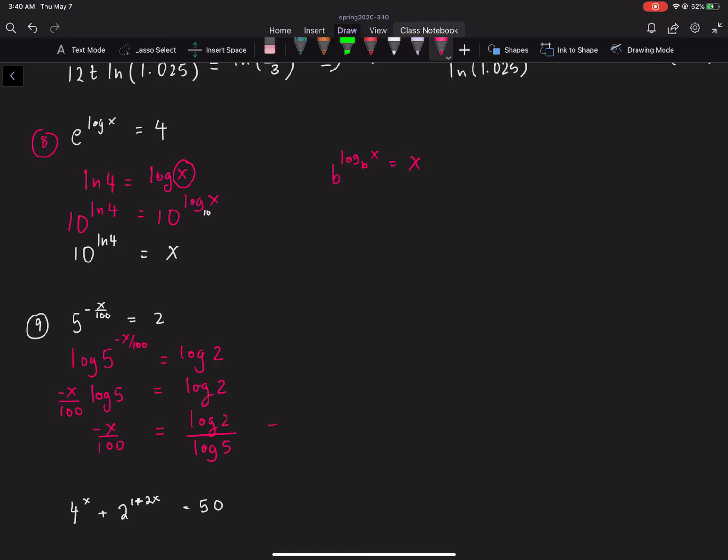And then if I try to solve for x, multiply through by negative 100. So we end up with x is equal to negative 100 log 2 all over what? Log what?